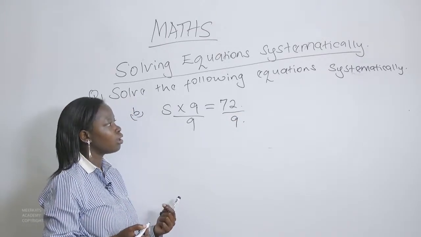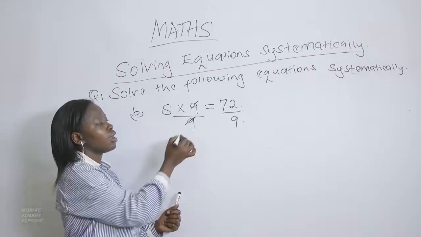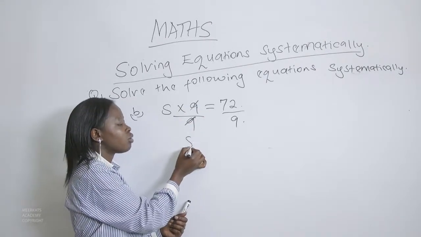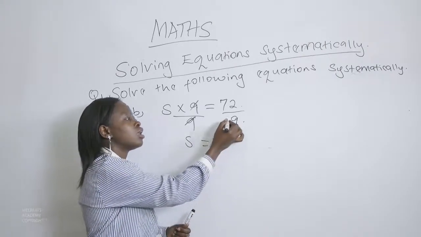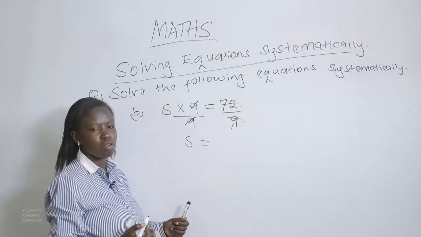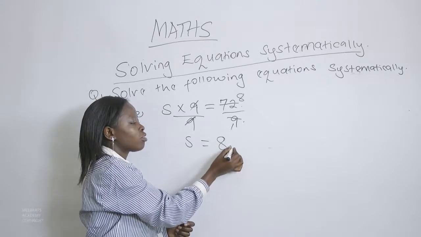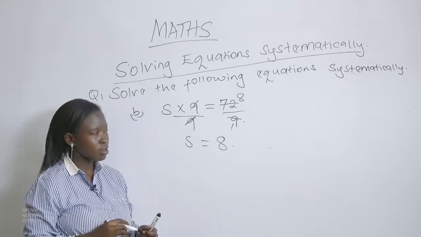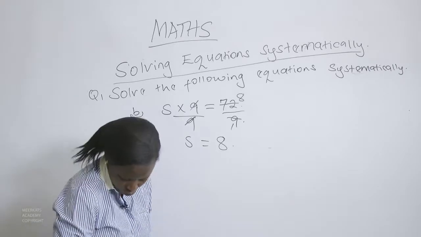When we divide both sides by 9, 9 and 9 cancel out. So we are left with s is equal to 72 divided by 9. 9 into 9 once, then 9 into 72 is 8. So we get the value of s is 8. So that is the solution to that given equation.